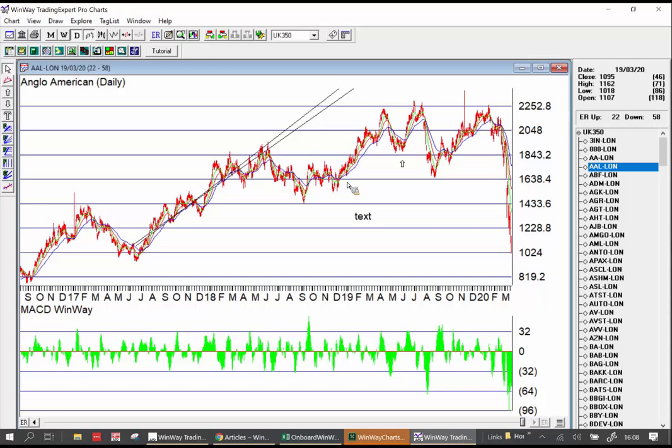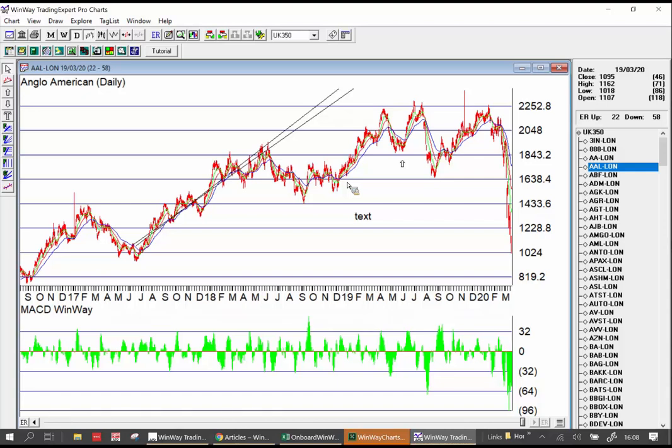What starts to justify you using Winway as opposed to any other charting package, some of which are free and very good charting packages, is what AIQ and Winway charts start to do, which is to add some intelligence to your charts. It's very easy to draw a chart on a charting package.